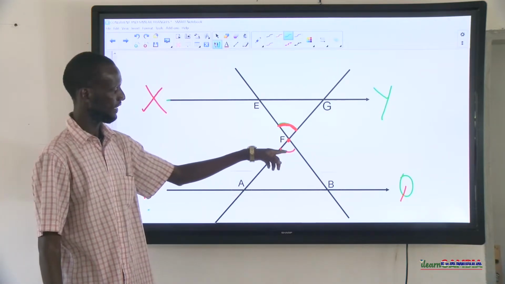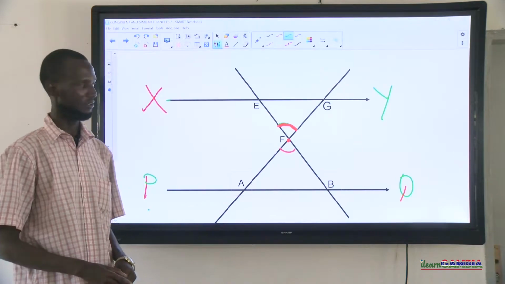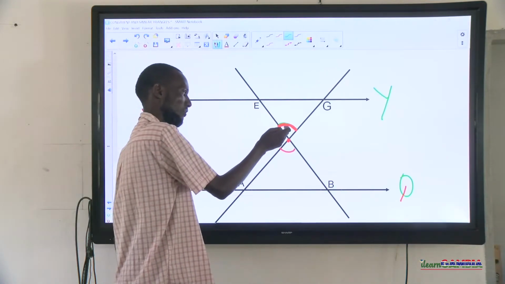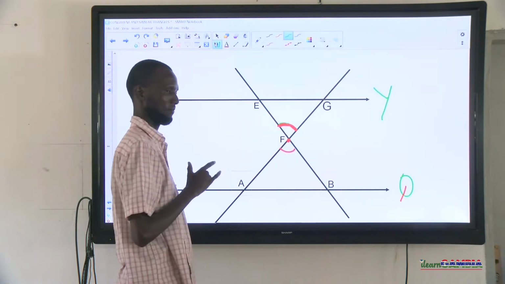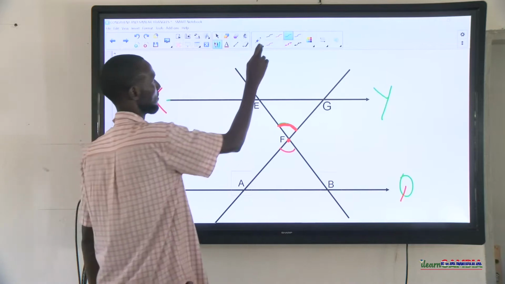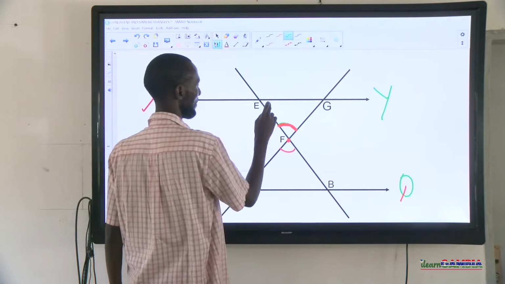They are vertically opposite angles, which means they are equal. Okay? So at least we know that one pair of corresponding angles are equal. But again, let's try to see this angle here.